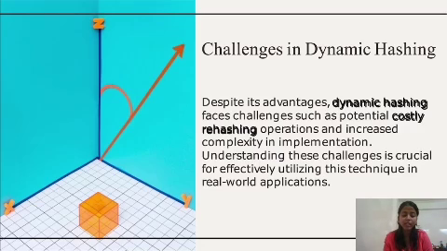Poor distribution can lead to hotspots, with certain buckets being overloaded, affecting retrieval speed. Addressing these challenges often involves trade-offs between performance, memory usage, and implementation complexity, which makes choosing the right dynamic hashing approach crucial for specific applications.